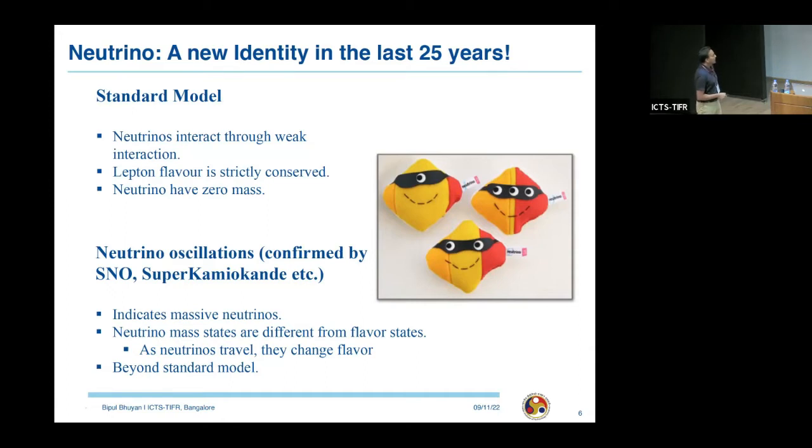That indicates that the neutrinos are actually not massless particles, they have certain mass. We have also learned in the process that the neutrino mass states are different from the flavor eigenstates, and as they travel, they actually change flavor from one type to another. And this is basically a first signature of the BSM physics that we're looking for.